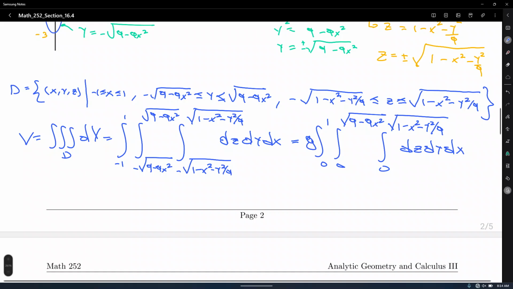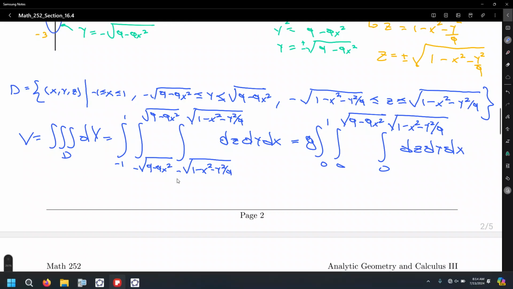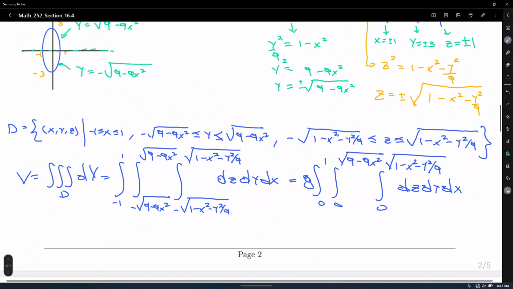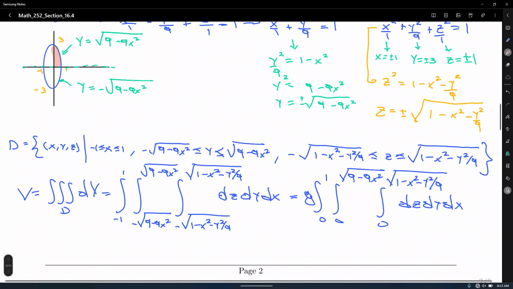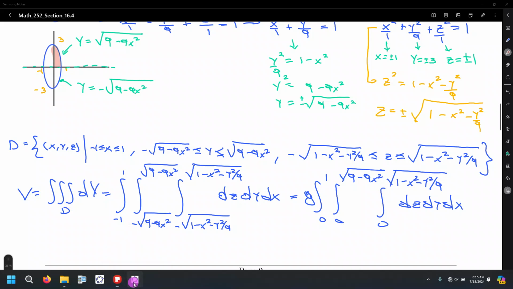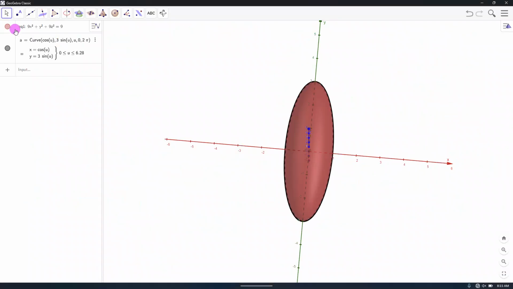So what am I doing here? All I'm doing is considering between 0 and 1, and between 0 and the positive radical, that's only this region. So that's the first quadrant in the xy plane. But first quadrant in the xy plane means first octant in space.